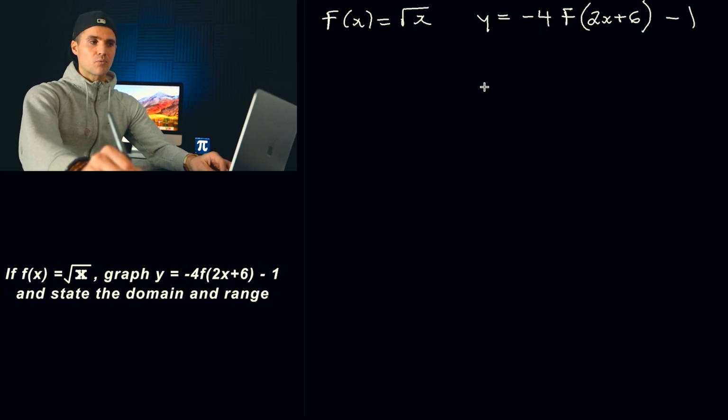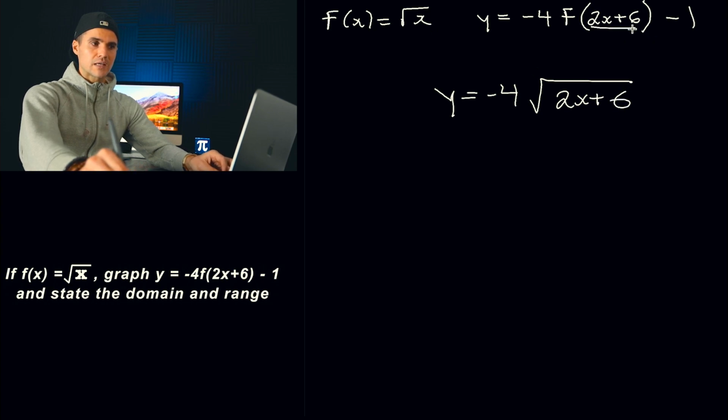Another way this could have been written is if we take these values and put them within that specific parent function, root x. We put the 2x plus 6 under the root, plugging it in for x, and then we'd have the minus 1 on the outside.